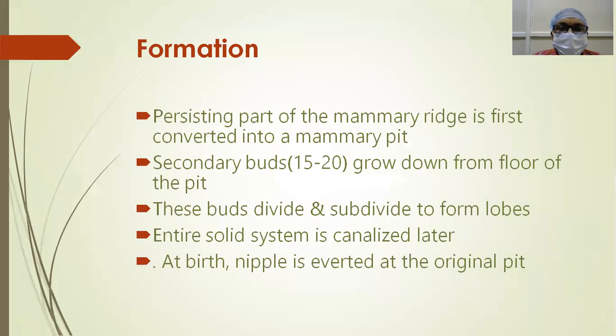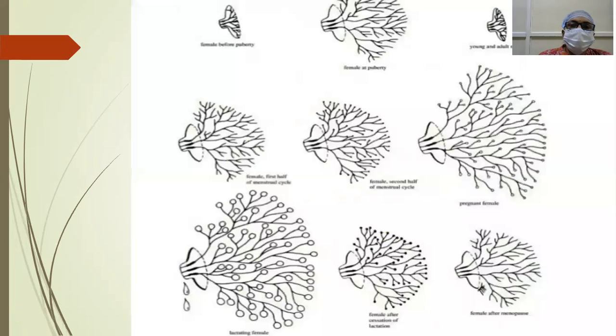Then secondary buds, around 50 to 100, grow down from the floor of the pit. These buds divide and subdivide to form lobes. The entire solid system is canalized later at birth. The nipple is evacuated at the original pit.